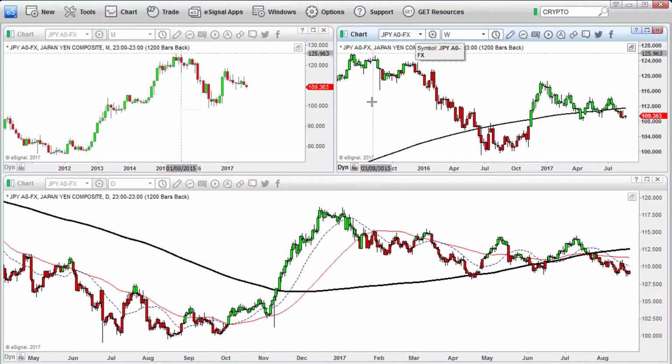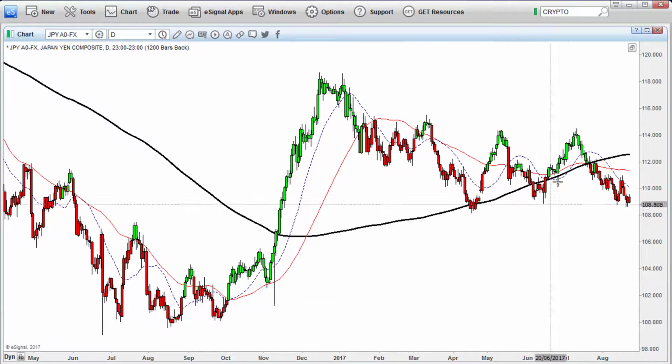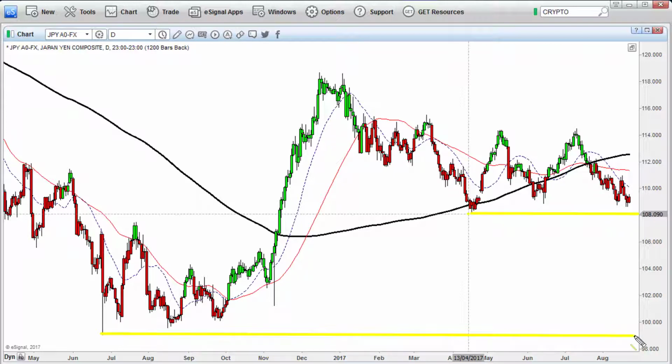If we look at the daily chart now, price is currently also below the 200 moving average, and the trend filter is red. So we have trend filter red on the weekly and daily, and below the 200 on the weekly and daily. So here we just need this area of support to be broken. Once price can break and close below here, then we have all this space to maneuver before this area of support.